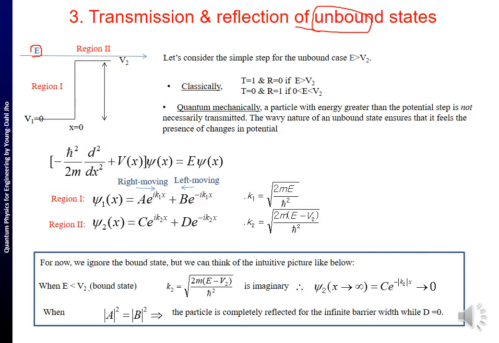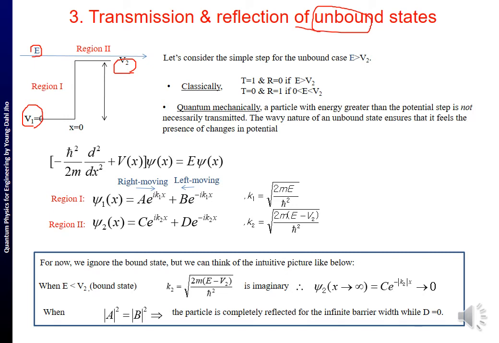So here the barrier potential is V2, and here the potential is V1, set at 0, and then the electron passes through region 1 and then region 2. Let's consider the simple step potential for an unbound state where energy E is larger than V2.